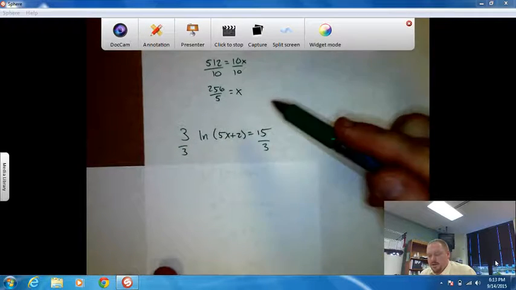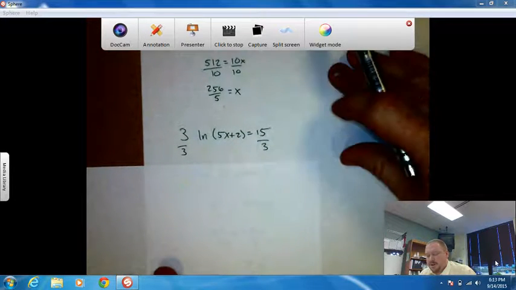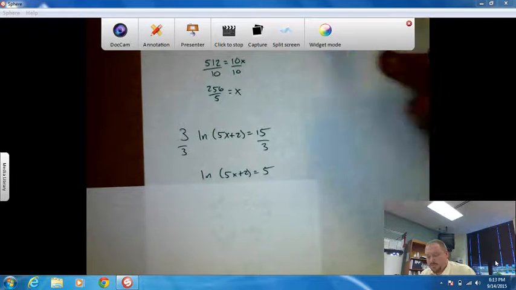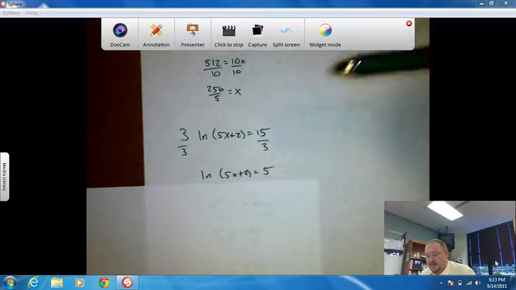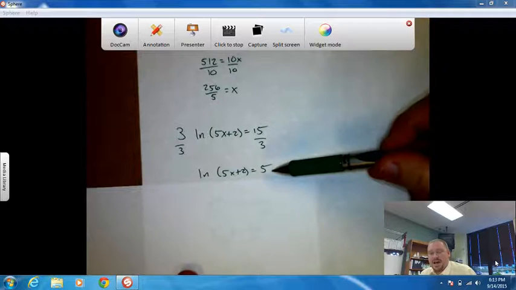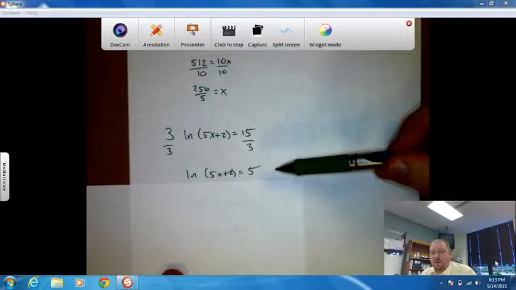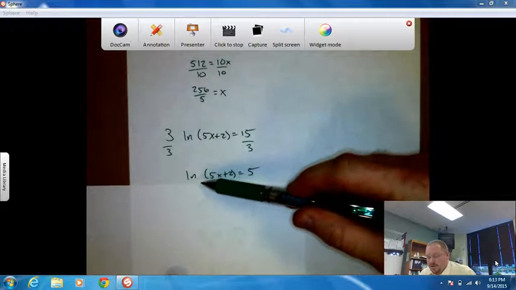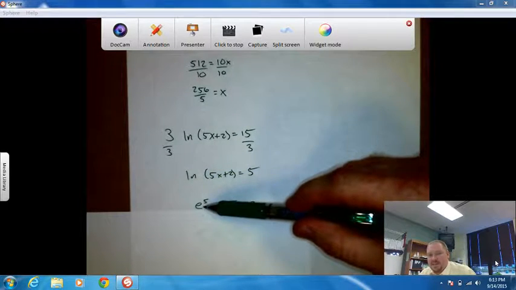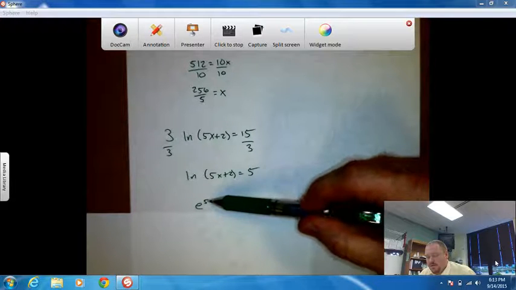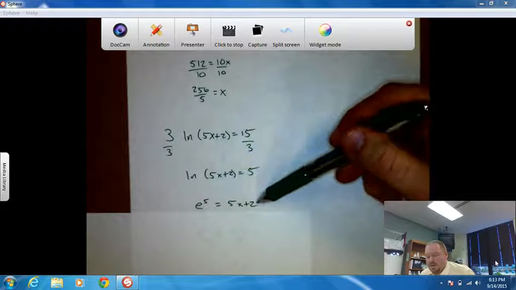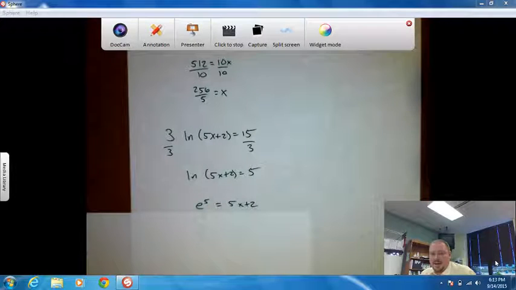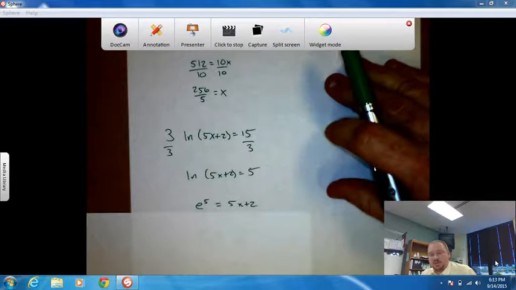These 3's cancel. 15 divided by 3 is 5. Now the log is by itself and it equals a number. So now I'm going to take it out of log form. But I have to remember that this base is e. So I'm going to have base e. What it equals becomes my exponent. What's in the log moves to the right-hand side. And now I'm just going to solve.